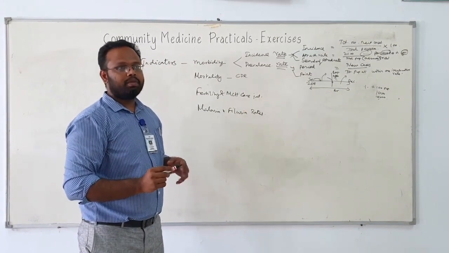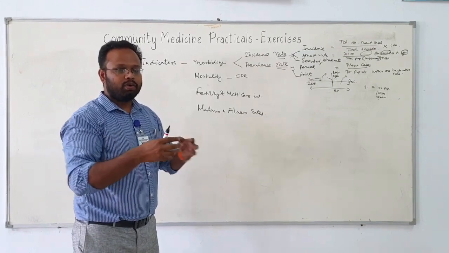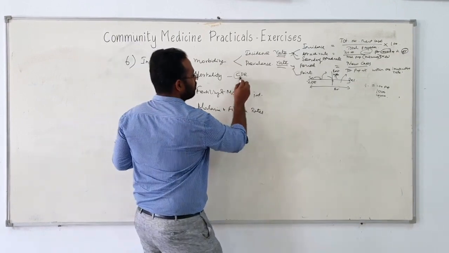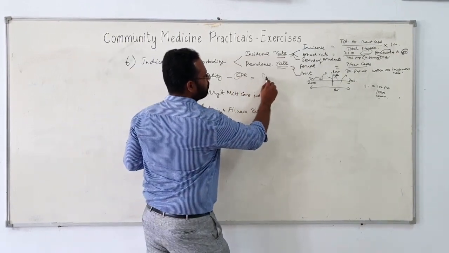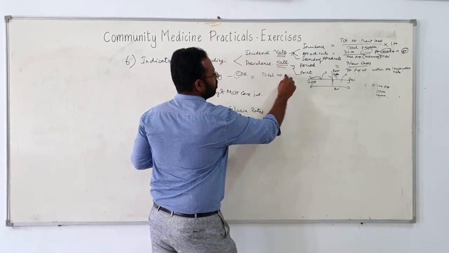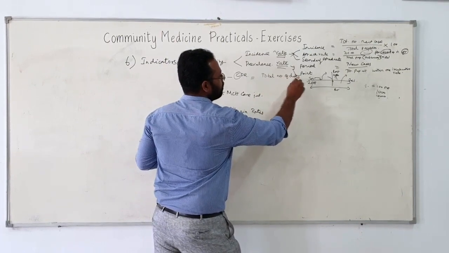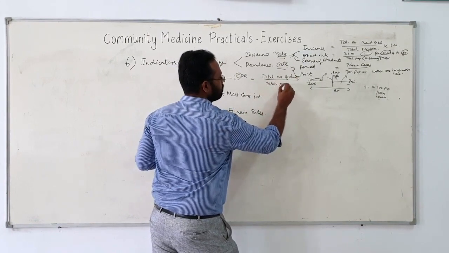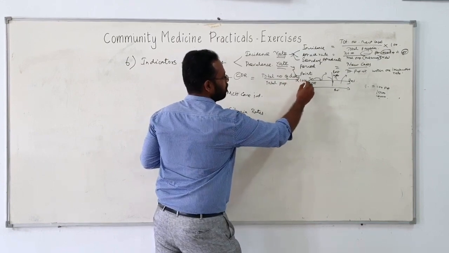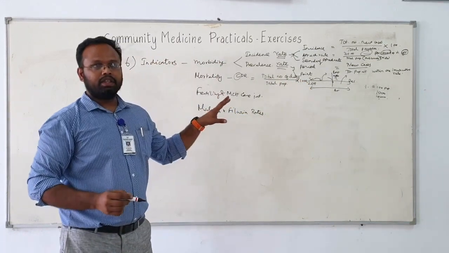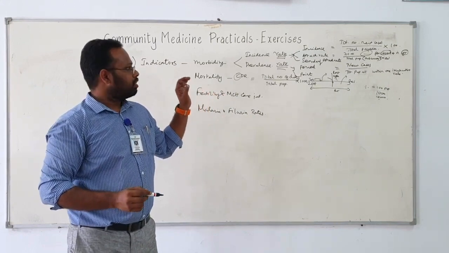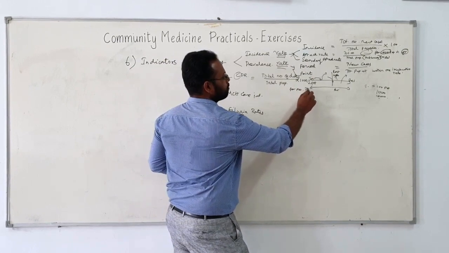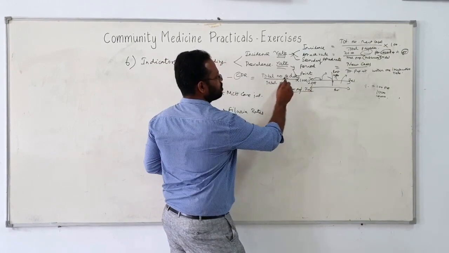It is called crude death rate because, like crude oil comprising diesel, petrol and so on, it has total number of deaths divided by total population into 1000. In this indicator, you should always mention the population per 1000 and the time. That is very important.